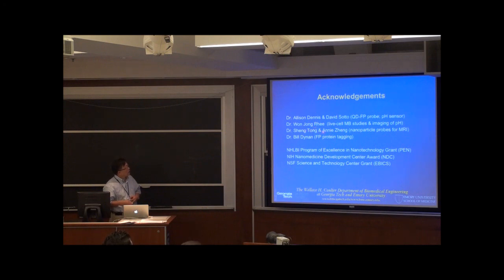Shen and Annie, Shen is a postdoc, Annie is my lab manager. They did most of the work of the MRIs I've shown you very quickly. Bill Danny is a collaborator. I showed you how to use fluorescent proteins to tag different components of the DNA repair machine. That was from Bill. And those are the grants supporting the work. Thank you very much.